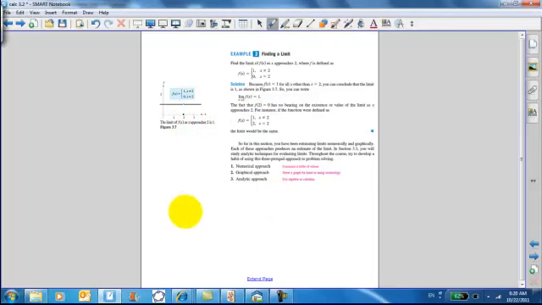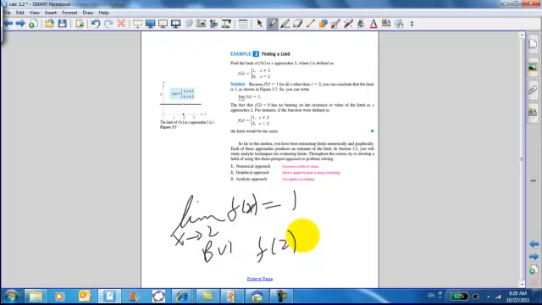In this case, the limit as x approaches 2 of f of x equals 1, but f of 2 equals 0. When these two don't agree, it's called a discontinuity. The function seems to be pointing in one direction, but the actual value at that point is down here.